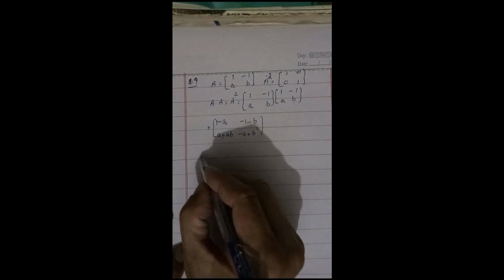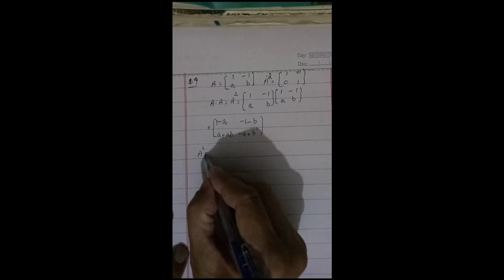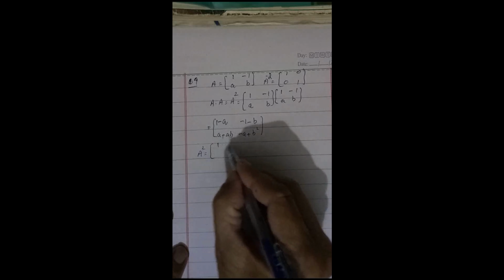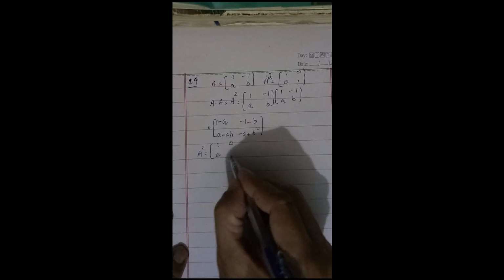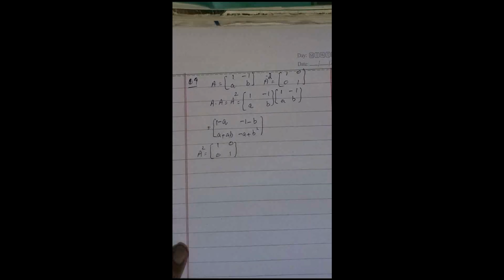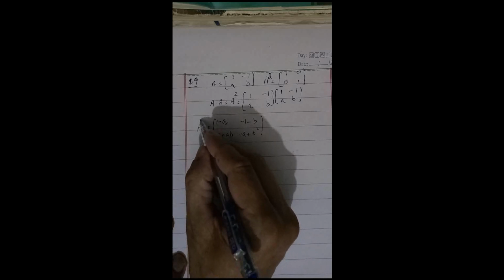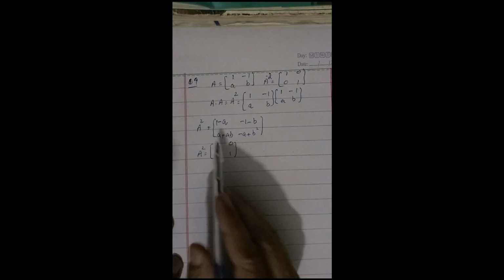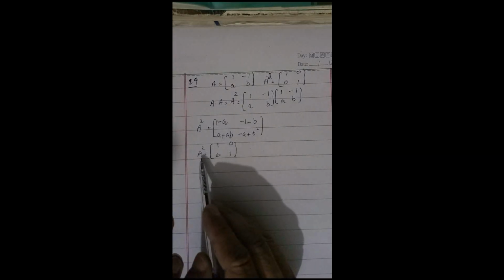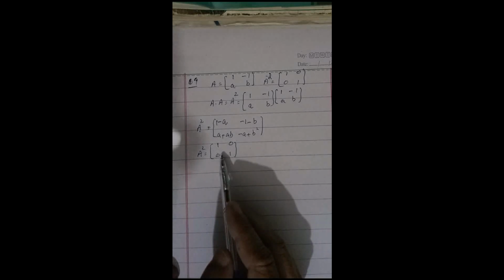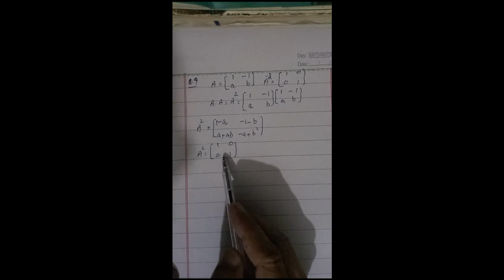And we also know that A square is equal to [1, 0; 0, 1], which is the identity matrix. This is also a matrix. A square is equal to this, and the second A square is equal to this matrix.